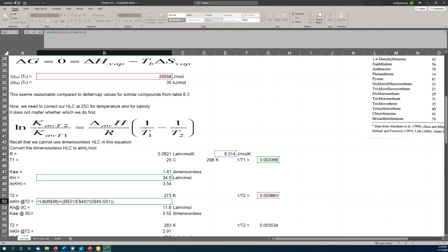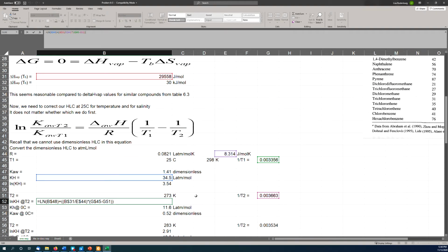So here's the natural log of the Henry's law constant at temperature 1 plus delta H AW divided by R times the difference in the reciprocal temperatures, right? And again, remember, your delta H of vaporization here has to be in joules per mole, not kilojoules per mole, if you're going to use R as 8.314 joules per mole Kelvin, which is what we're using here.